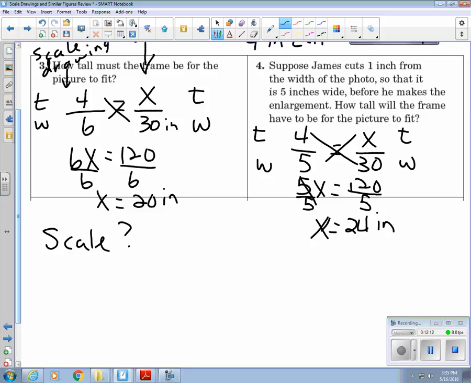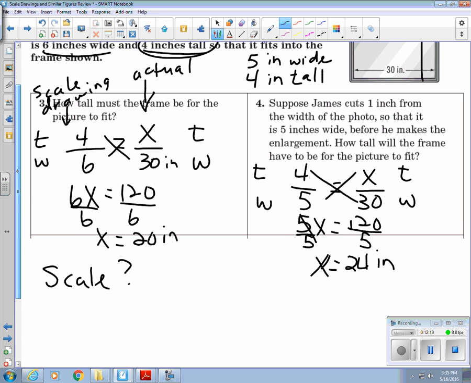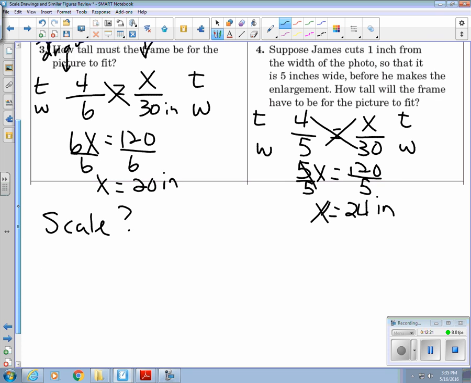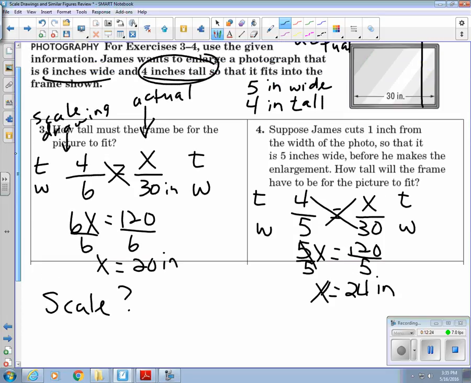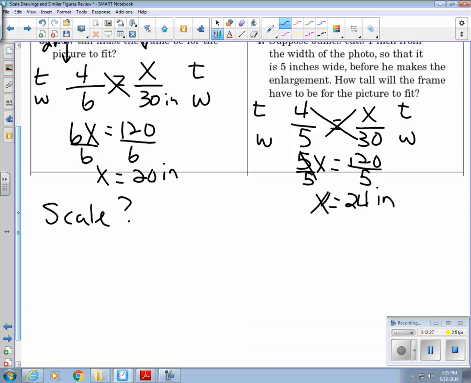Now, what could I compare? Well, I know the frame based on the picture was 30 inches wide. And I know that the picture originally was 6 inches wide. So I could try to do it with that and say 6 inches wide on the picture corresponds to 30 inches wide on the frame.